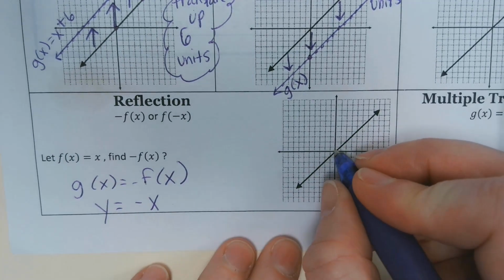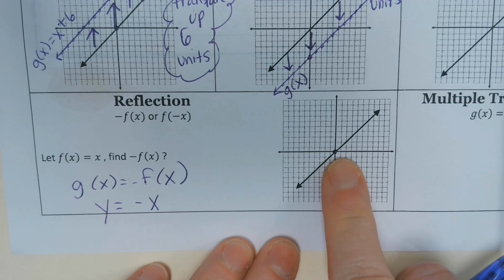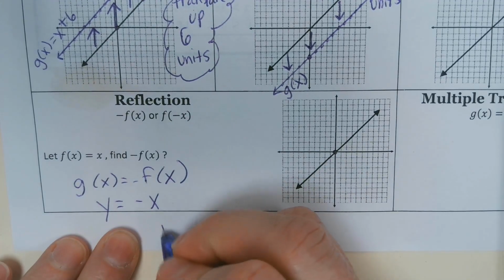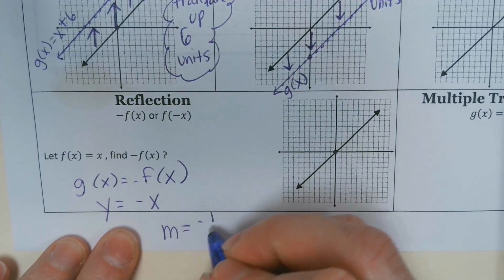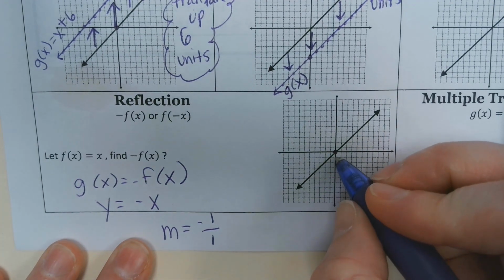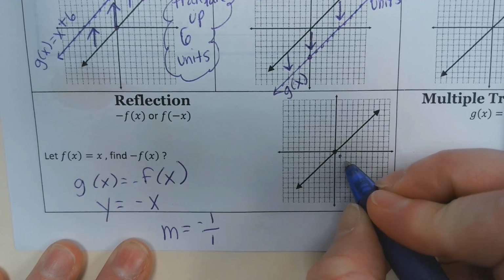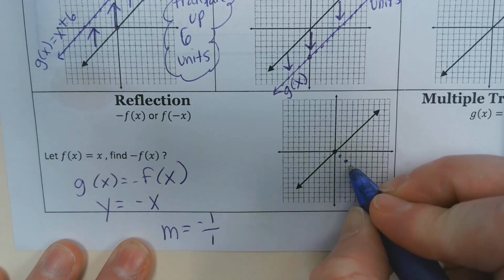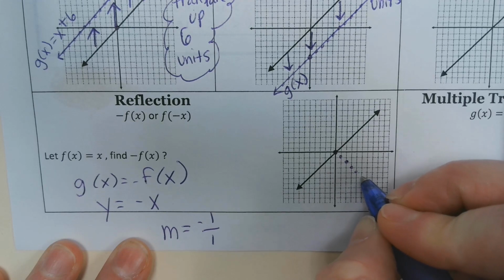So it has the same y-intercept, but instead of being up 1 over 1, it's going to be down 1, right 1 for our slope. So down 1, right 1. Down 1, right 1. Make all your pretty points.